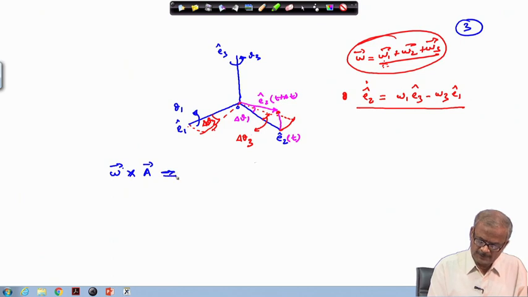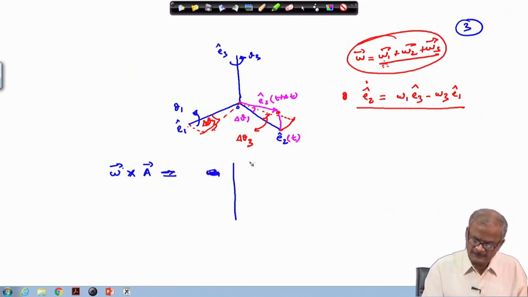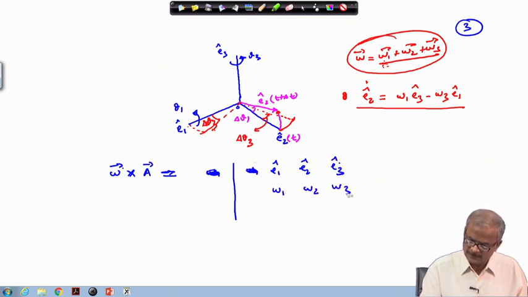So, omega cross A, we can write in the form of a determinant with E 1 cap, E 2 cap, E 3 cap, then omega 1, omega 2, omega 3, and then A 1, A 2, A 3.